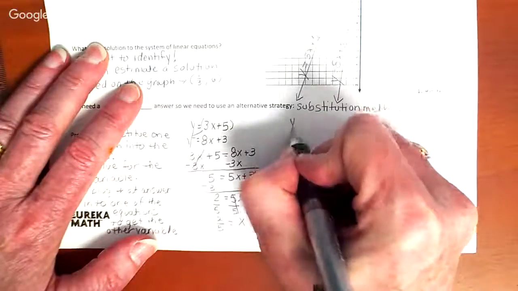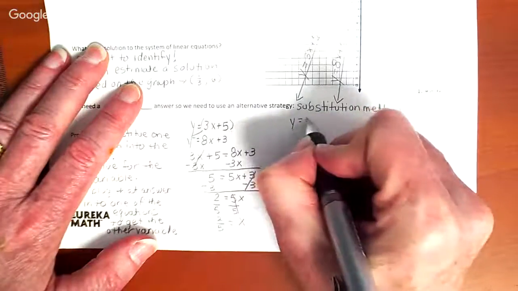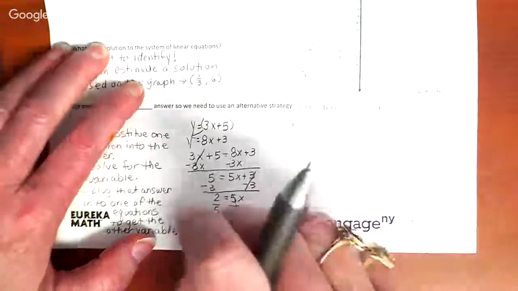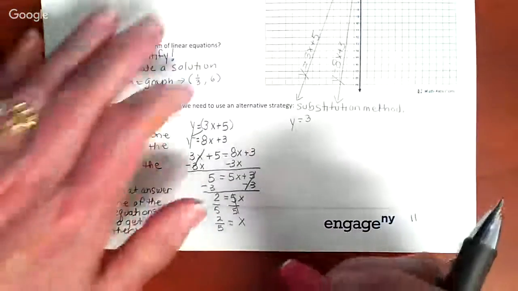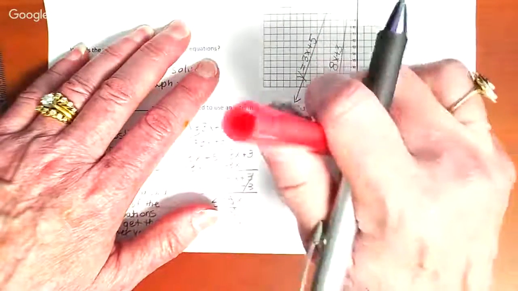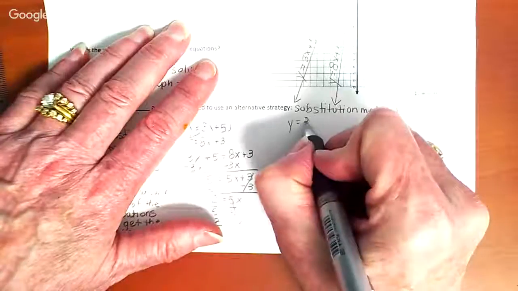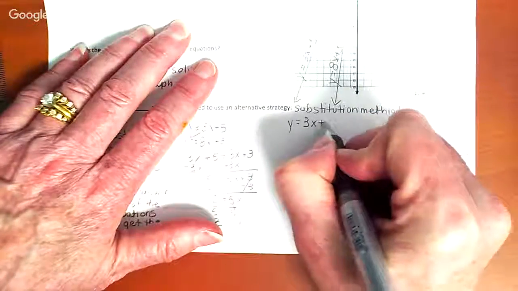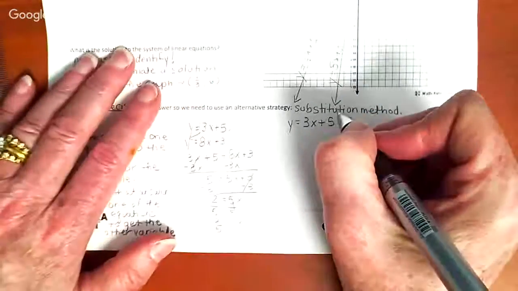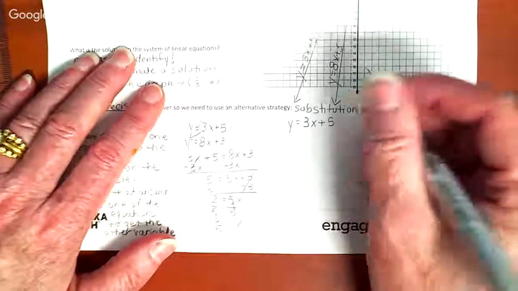So I'm going to say y equals 3x plus 5, substituting that in.